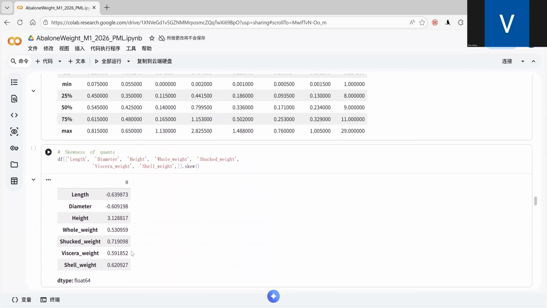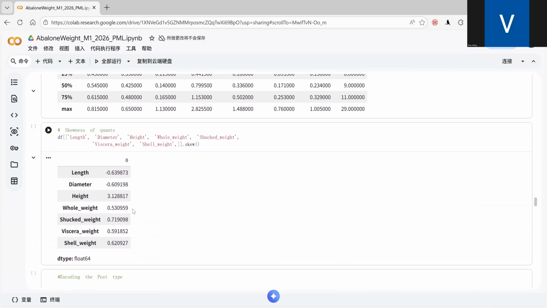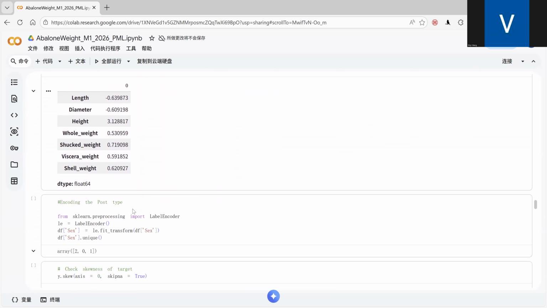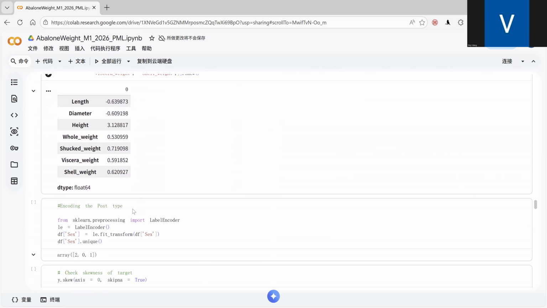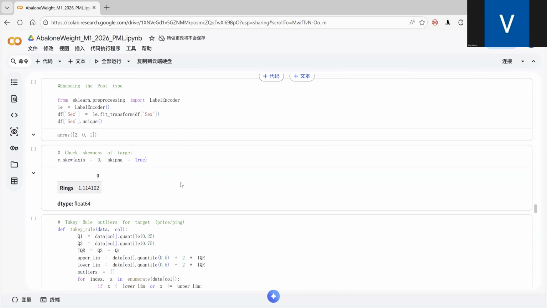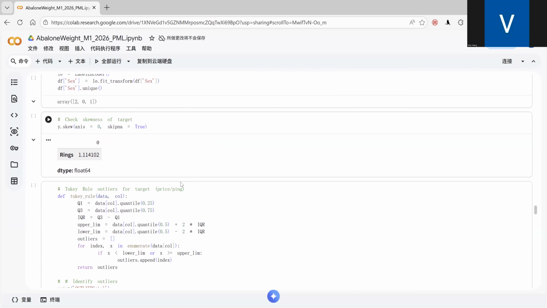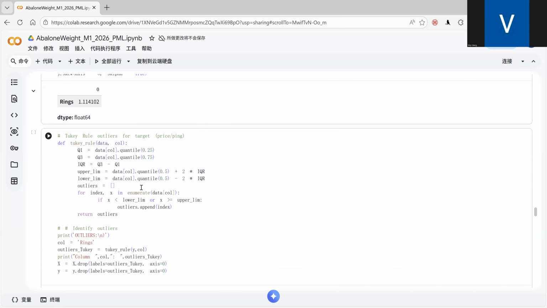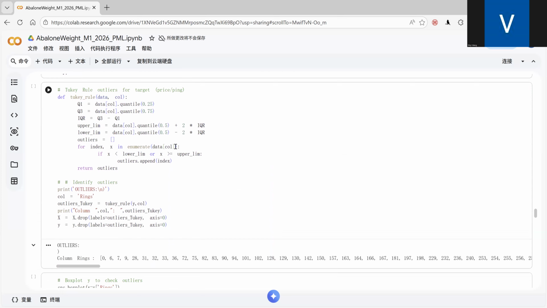Here shows the quantile plots and the skewness. Then we move on to use the Tukey rule on the target.